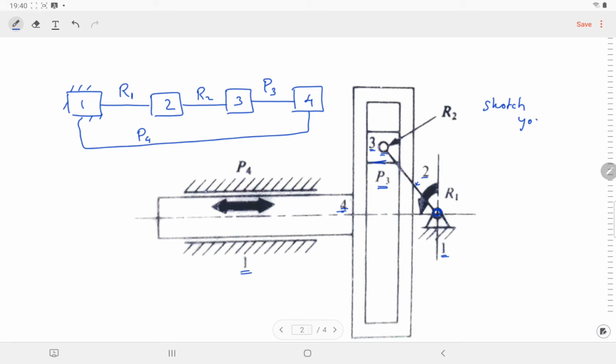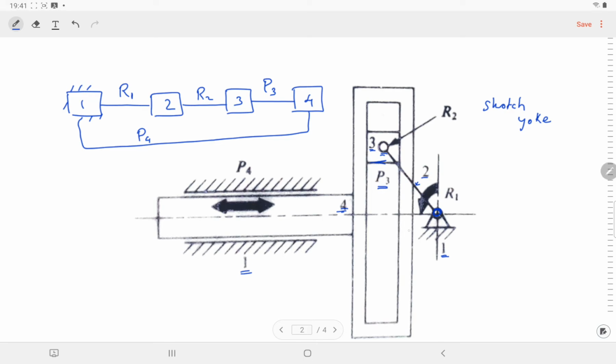I think, let me make sure the spelling is right. Yeah, so Scotch-Yoke mechanism, and right, so that's one thing, and it may look like so.